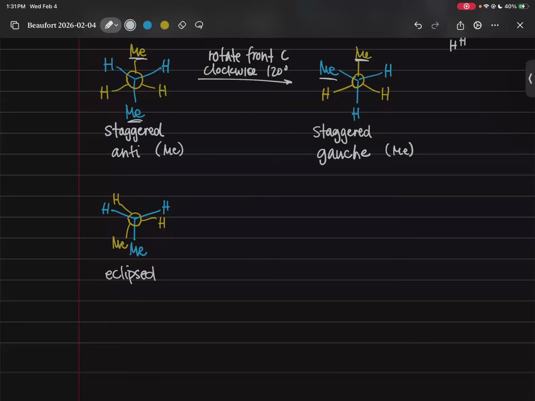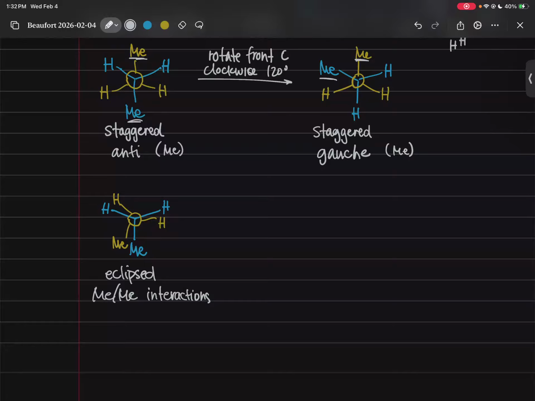So this is eclipsed. And the way I've drawn it here, both of the methyl groups are right next to each other. So we have methyl-methyl interactions. Right, those two methyl groups are repelling each other. The hydrogens are too, but more importantly, the methyl groups are not happy being right on top of each other.